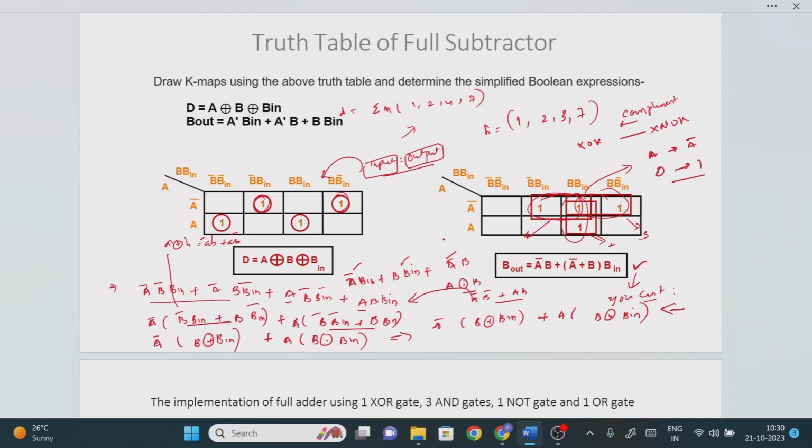If somehow I convert this in terms of the XOR logic gate, I can reduce this expression further. At this point of time I cannot reduce further, so we know that XOR is the complement of XNOR and XNOR is the complement of XOR. By using this rule we can convert either to XOR or XNOR, so that we can minimize the expression further, right?